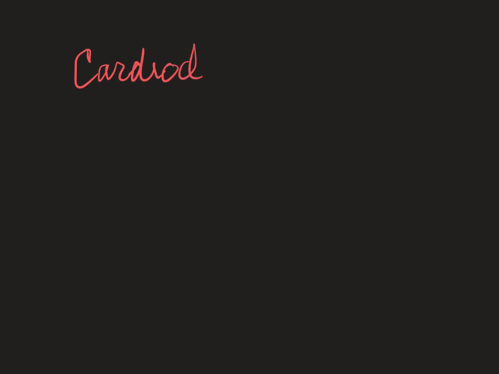So a cardioid is a particular shape, and it looks like a heart. They usually have this kind of a shape, all right? And they could be turned sideways or upside down, but they're cardioids, but they generally look like this.